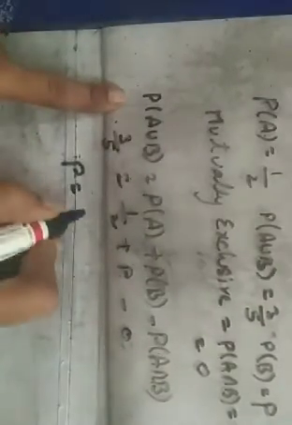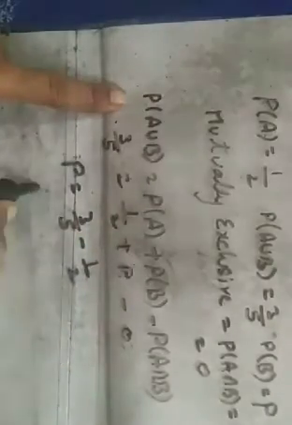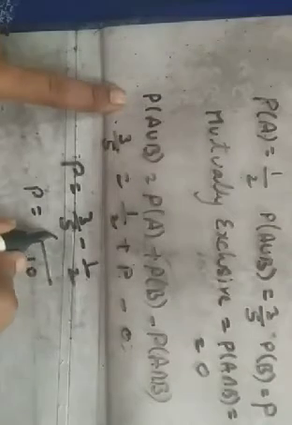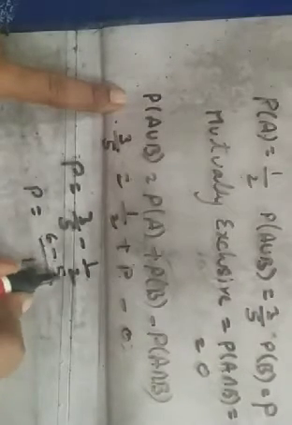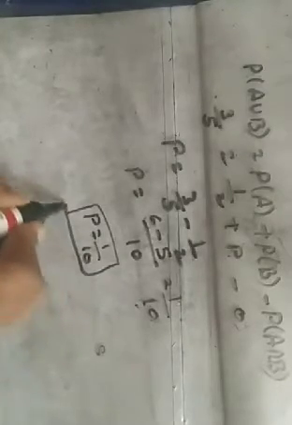So P is equal to 3 by 5. Shift this to this side: minus 1 by 2. So P is equal to 6 minus 5 over 10, which is equal to 1 by 10. So P is equal to 1 by 10 is the answer.